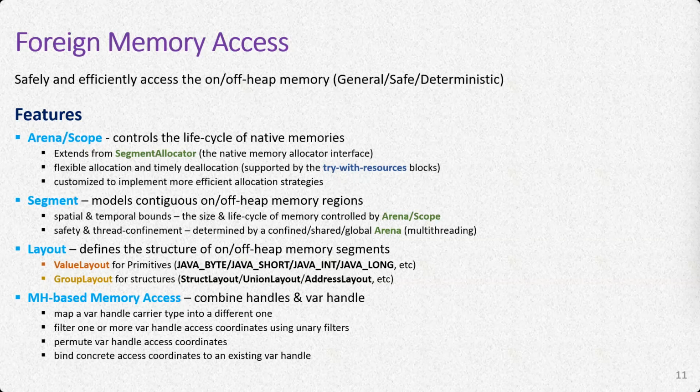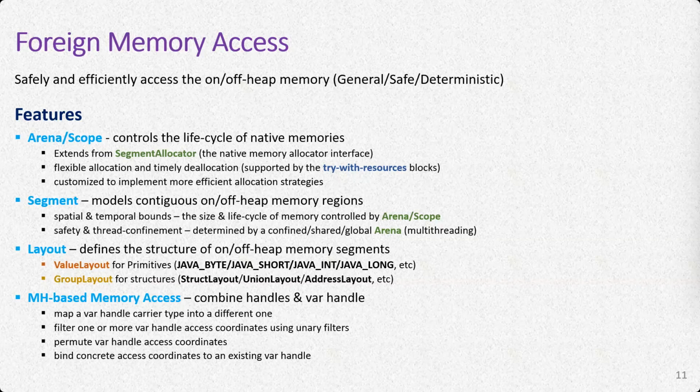If the segment is allocated by a confined arena, which is owned by a single thread, the segment cannot be shared by other threads. If the arena is a global or shared one, that means the arena doesn't belong to any thread, so the underlying segments can be shared by multiple threads. These arena-based rules for segments guarantee there are no unsafe or unexpected behaviors in memory access.